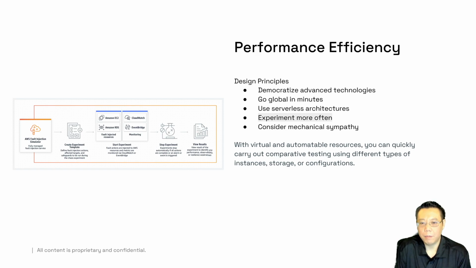And I can do it cheaply because I don't have to buy the hardware. I don't have to buy the capacity and leave it running forever. I can delete it and destroy it at any given moment. You cannot do that with on-premise. So experiment more often whenever you can because it's cheap enough to do so. That way you're going back to don't guess. Always try to get the data and get the results that you're looking for to continue forward in your efficiencies and improvements for your workloads.